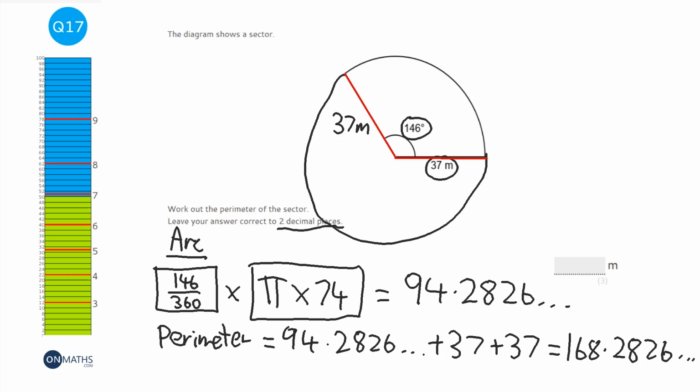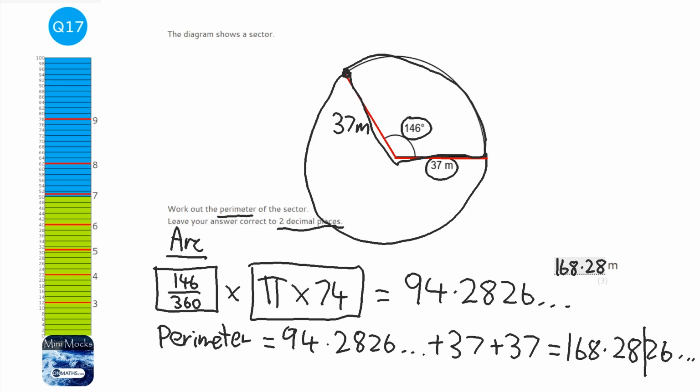Once it's to 2 decimal places, so line goes down here and we've got 168.28. Now just be careful that you add on the extra bits. When it asks you for a perimeter, just make sure you've gone the total distance around the shape. Put a dot and just draw with your finger around the shape to make sure you've got all the distances.